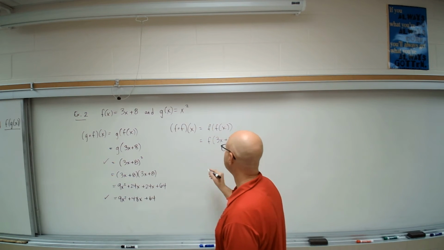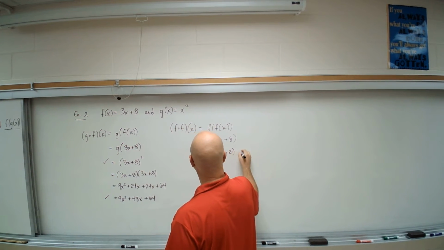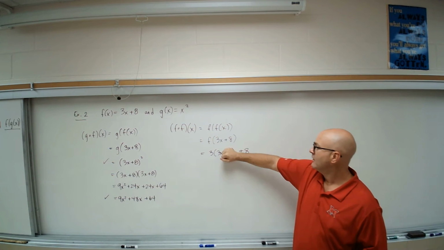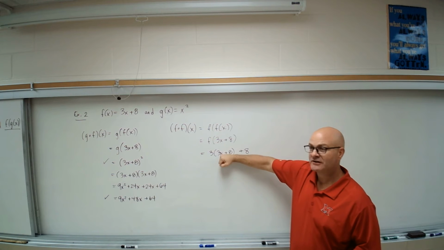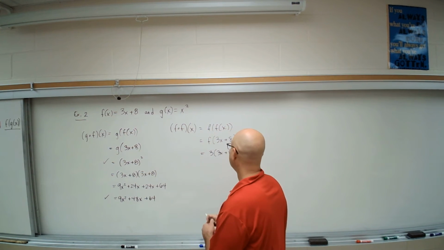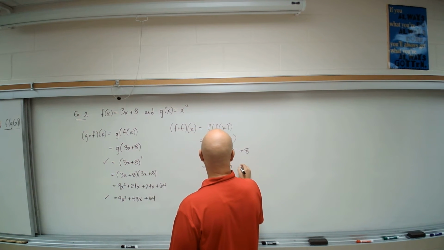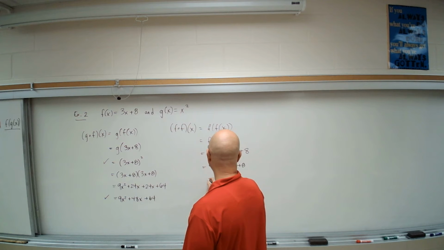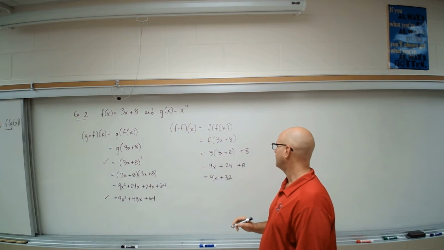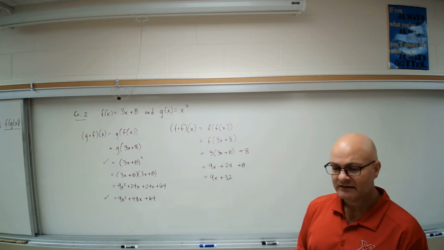So 3 times the input would be 3 times the input plus 8. Right? So if you look, what I put in this parenthesis just took the place of x up here in this original rule. And that's going to give us 9x plus 24 plus 8. And that's 9x plus 32. That's how we do that.